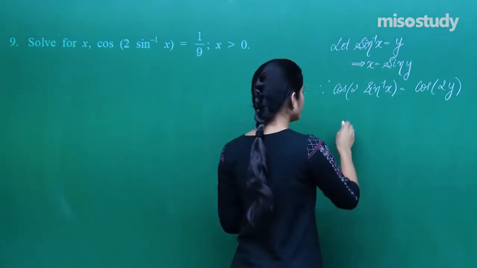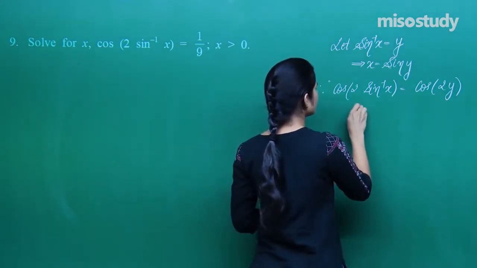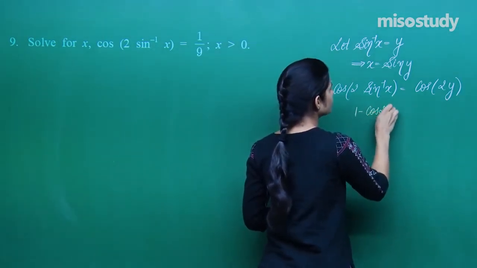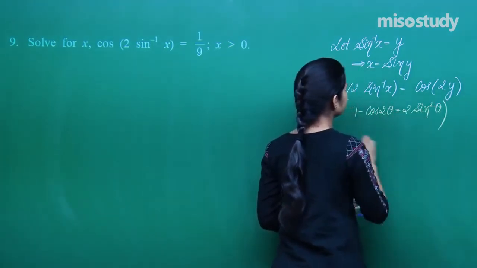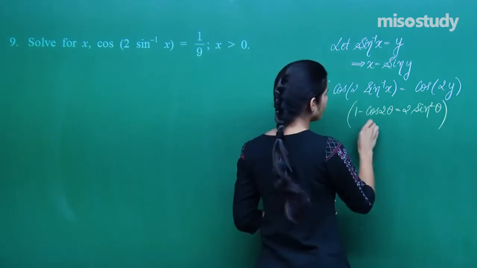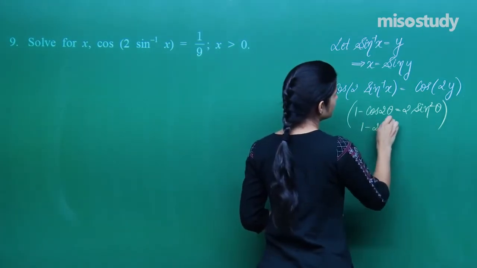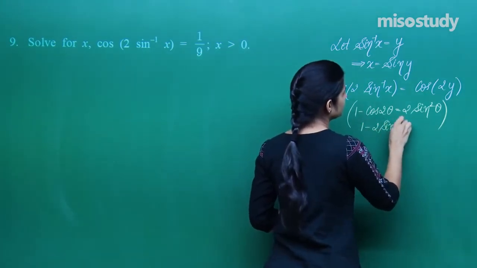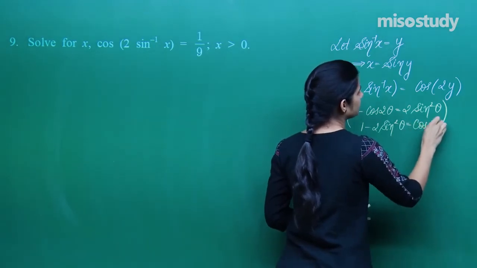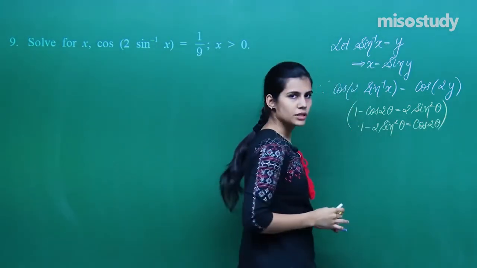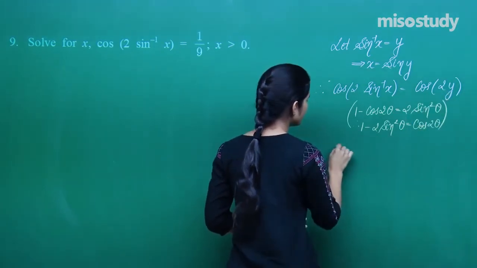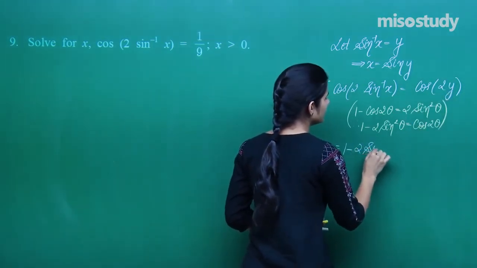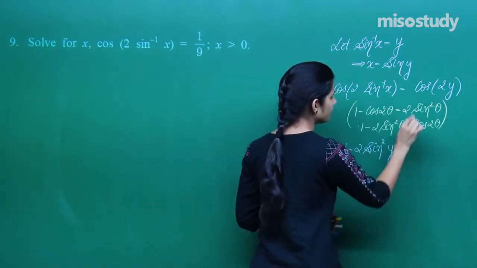Now if you can recall, there is this identity which says 1 minus cos 2 theta is 2 sin square theta, and therefore cos 2 theta is 1 minus 2 sin square theta. So cos 2y is 1 minus 2 sin square y.